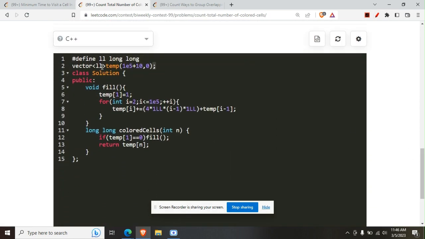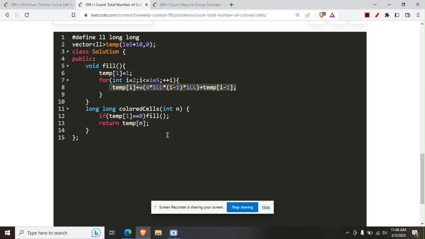Let's just get to the code part. I declared a temp global array. After that, I created a function which creates the whole array and pre-computes the values. This is the formula. Here I just took a value as i, not n. As simple as that: 4 into i minus 1, and whatever the value of the previous one was, we just added it, like I showed you in the example.